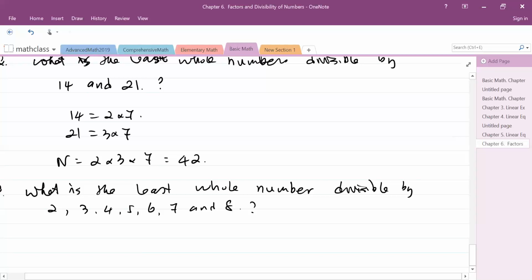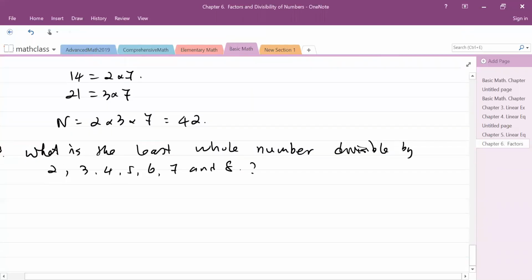All right, let's look at all the factors, okay? 4 is 2 squared, 6 is 2 times 3, 8 is 2 cubed. So a number divisible by any of those numbers must at least be divisible by 2 cubed, right? This is the highest.